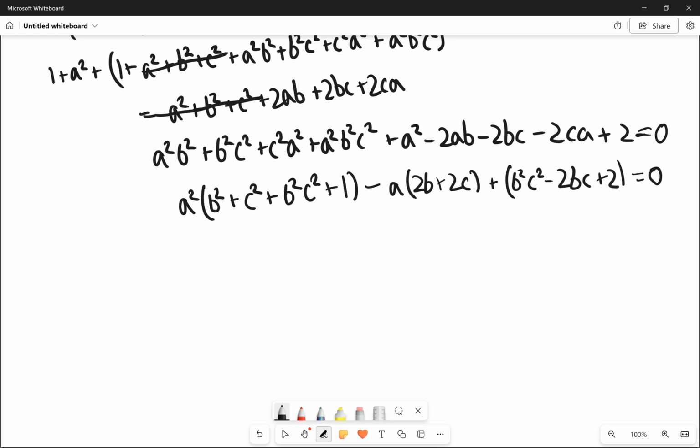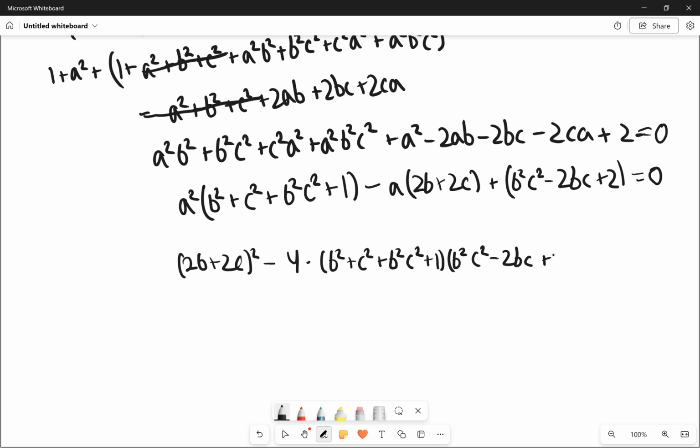So we use the b squared minus 4ac formula, but instead we're not using a, b, and c. We're instead squaring 2b plus 2c, then subtracting 4 times b squared plus c squared plus b squared c squared plus 1, and then b squared c squared minus 2bc plus 2. And we want to show that this is less than or equal to 0.